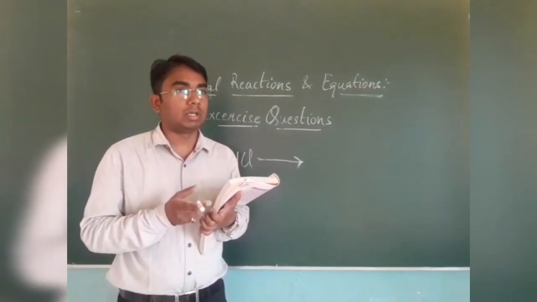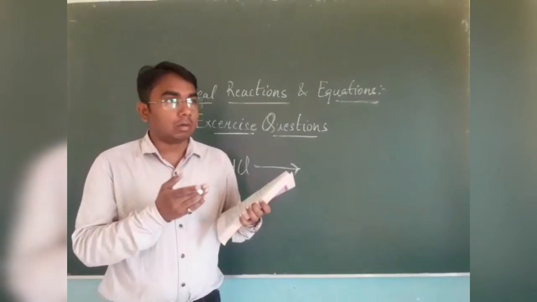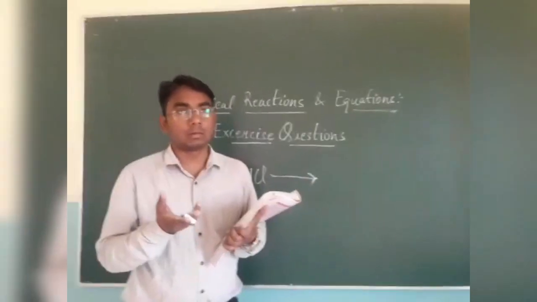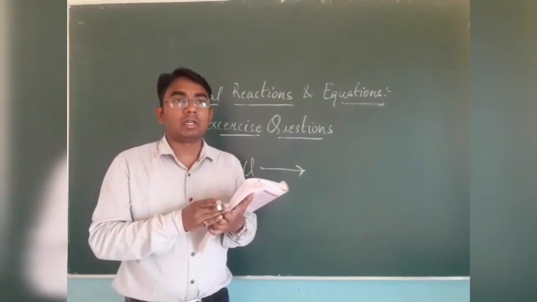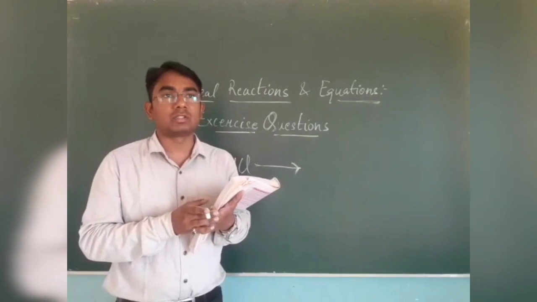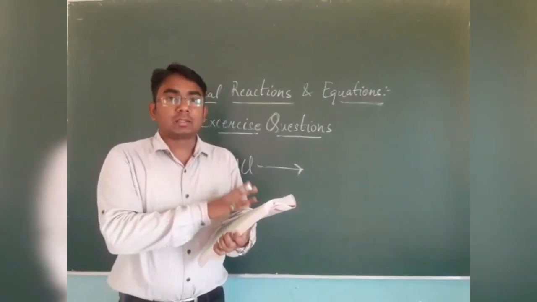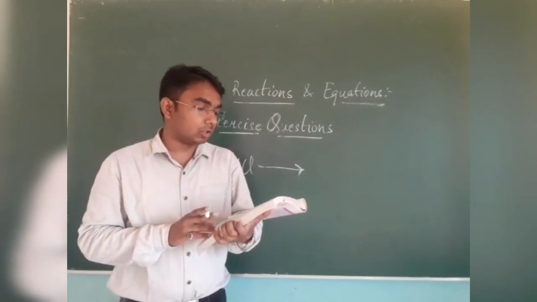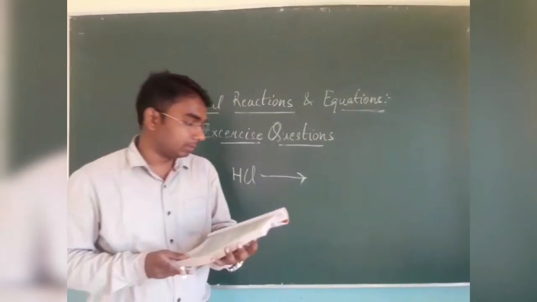But if some chemical equations are not balanced, the mass of reactants will not be equal to the mass of products, and this violates the basic law of nature that mass remains constant. Therefore we need to balance chemical equations so that this law is maintained. So I have already answered this question.